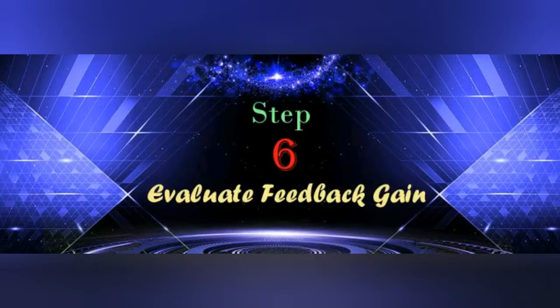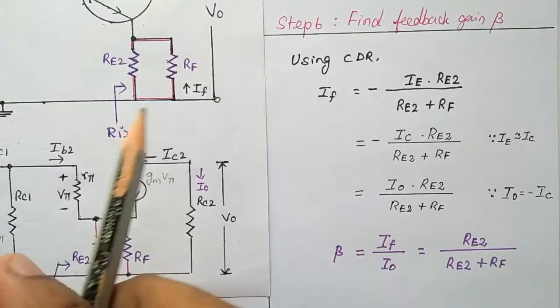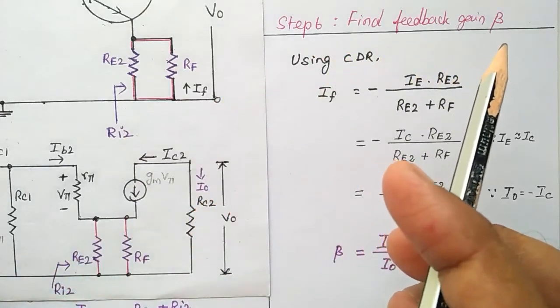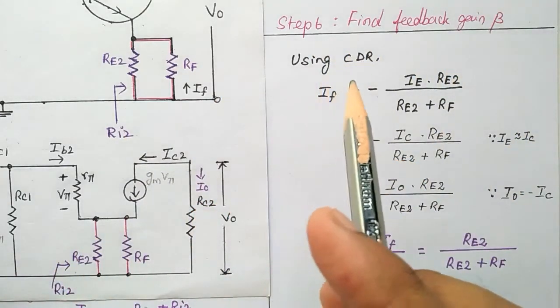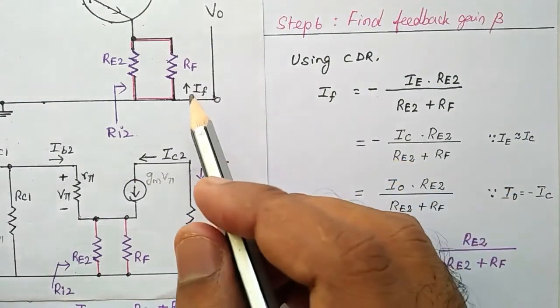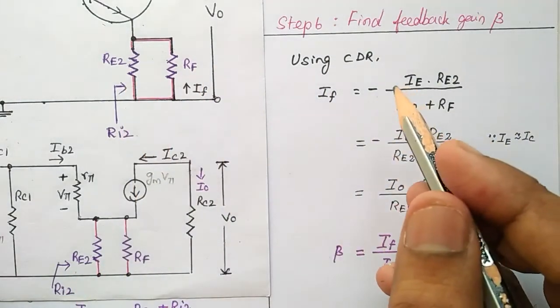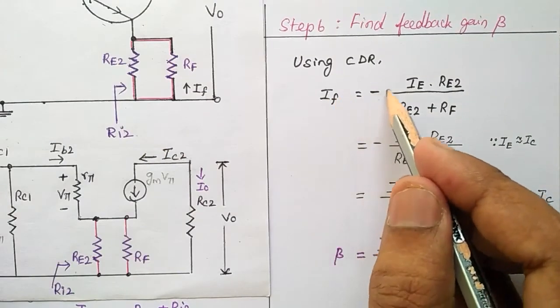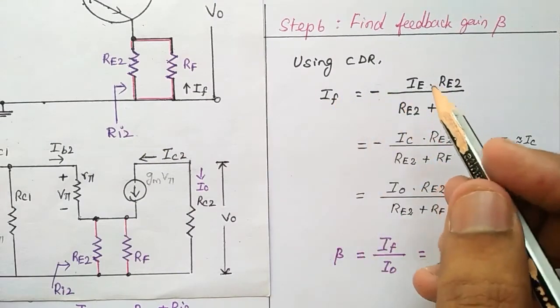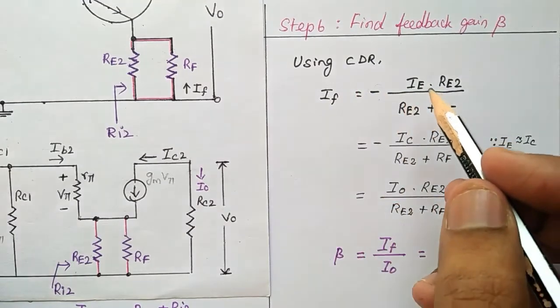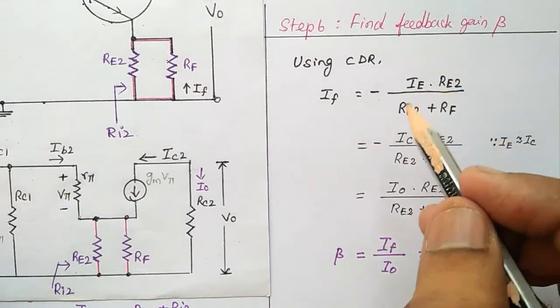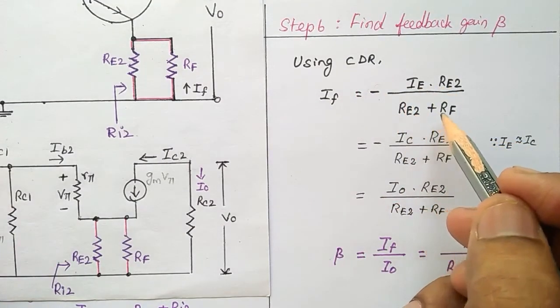Step 6, finding the gain of the feedback network beta. In step 6, we have to find the feedback gain beta. Here also we use the current divider rule. IF is the current that flows into the emitter resistance of the second transistor, so it is opposite, and we provide a minus symbol here. As per the current divider rule, I can write IE into RE2 by RE2 plus RF.